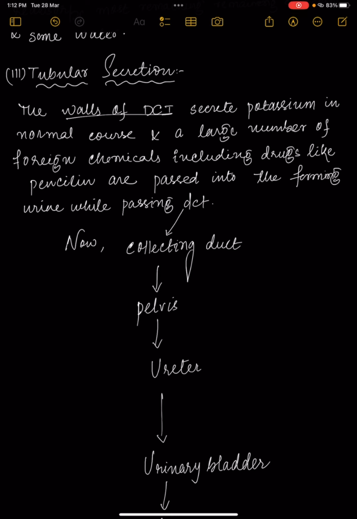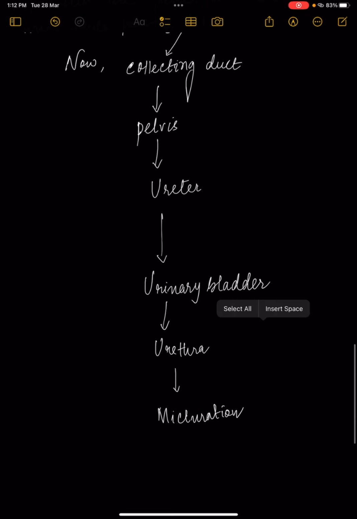They secrete the K plus ion which is not needed in our body, and a large number of foreign chemicals, like penicillin, are also passed into the forming urine while it is passing through the collecting duct. Then it passes into the pelvis and into the ureter by peristaltic movement, into the urinary bladder and into the urethra, when the sphincter muscles relax on getting an impulse from the central nervous system, that is the brain and the spinal cord, and micturition occurs.